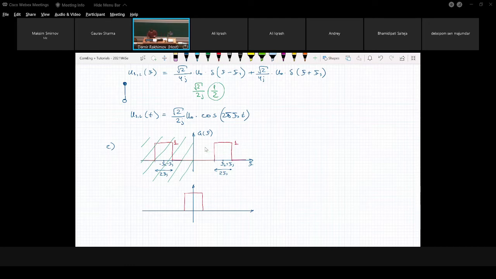Otherwise we get a different result. We perform the transform with respect to frequency FC. And as you mentioned, we have the middle at FC plus FS. As a result, we don't get such a nice pulse centered at the origin, but we get a pulse at the right side, like this.